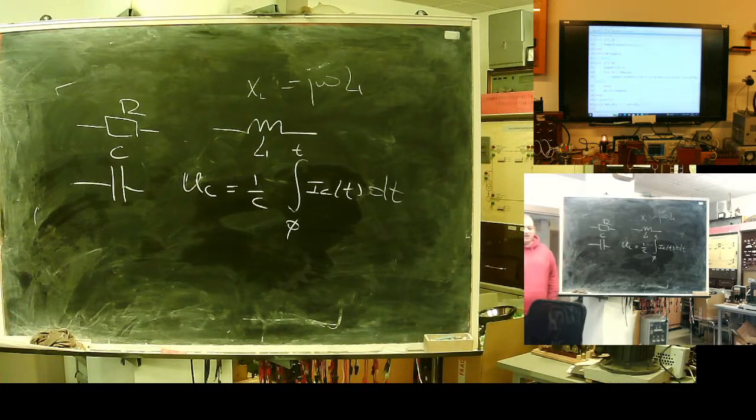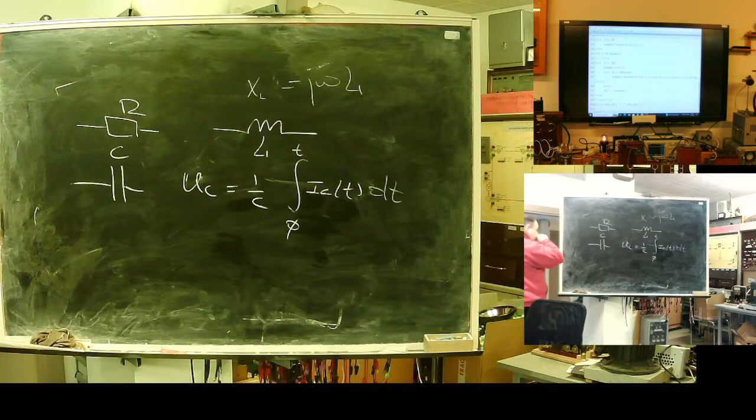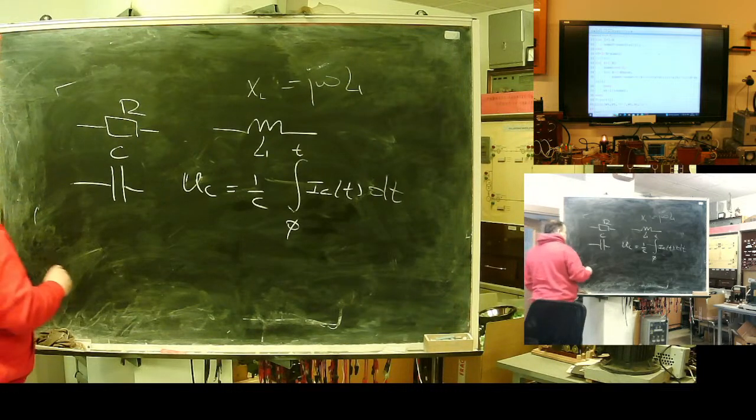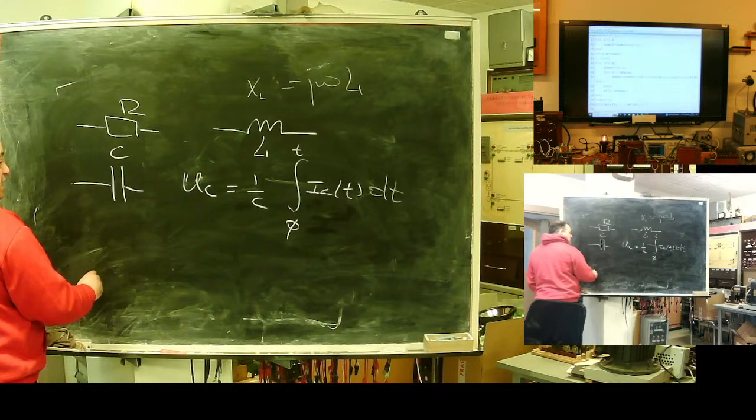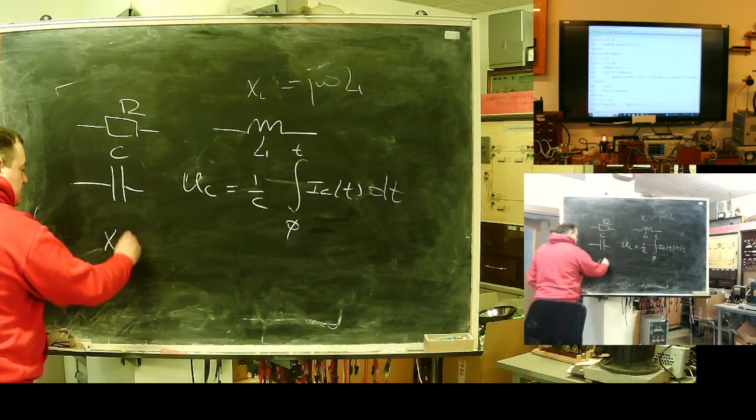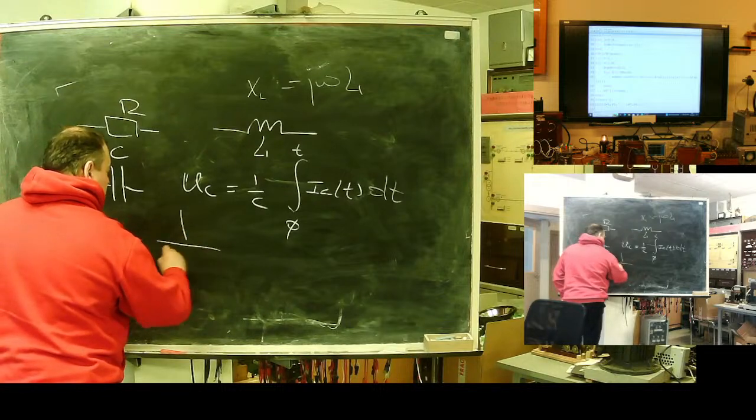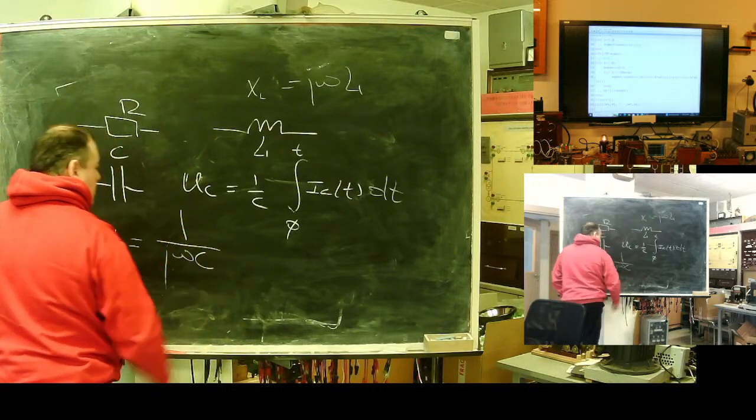Heaviside just brought the idea; the real output of this technique is by Charles Proteus Steinmetz. Anyway, a capacitor can be substituted with its reactance being 1 divided by j omega C.